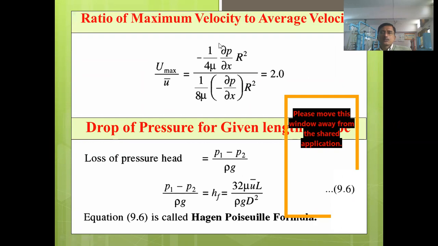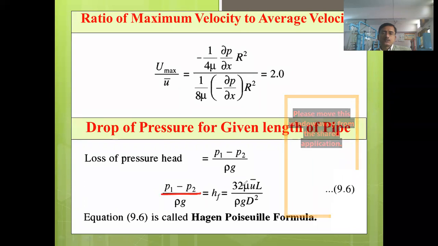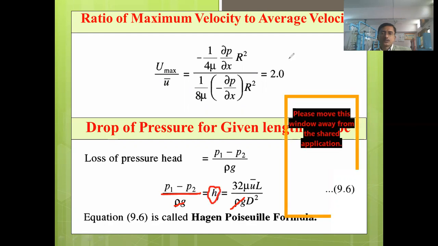See here, the question might have come to your mind that in the denominator you have written rho g, but this rho g will get cancelled, and you will get this equation only: P1 minus P2 is equal to 32 mu into U bar L upon d square. As this is the HF, that is the head loss, it is divided by rho g.